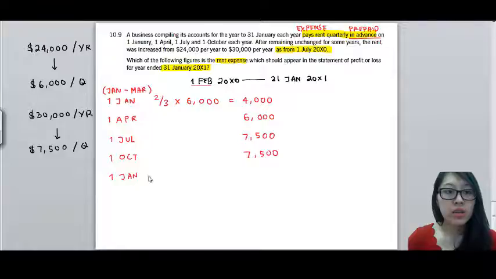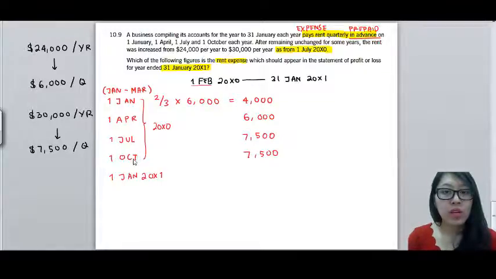And now let's see, on 1st January, this is the 1st January of 2001, everything else was in the year 2000. So how are we going to recognize this now? When we pay on 1st January, we're paying a whole 7,500, which is for January, February, and March. But we can only recognize our expenses now up until 31st January.